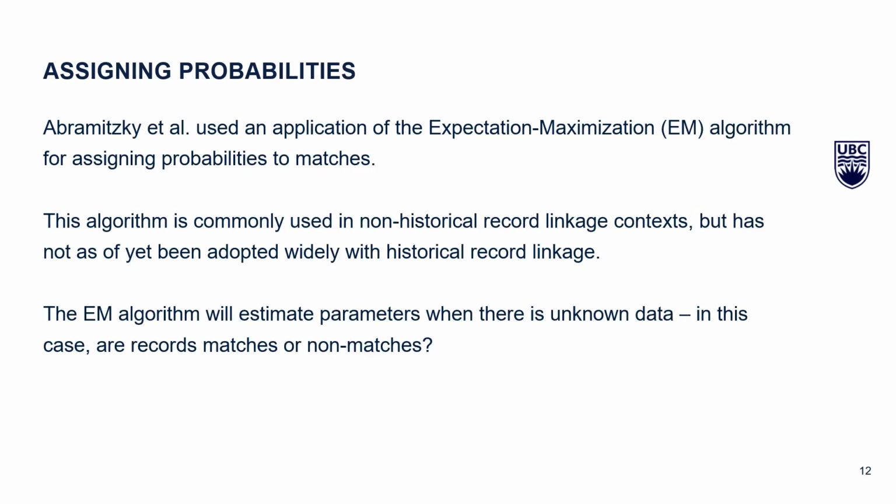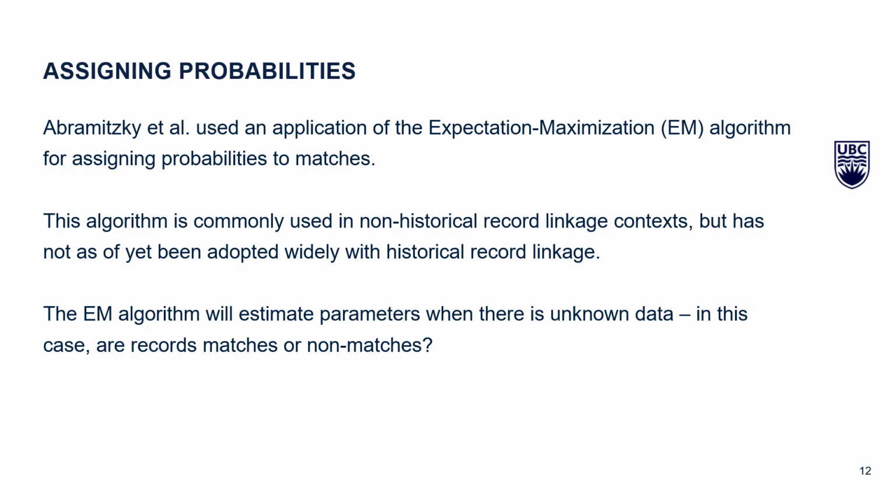Once the researcher has chosen all of the identifying variables and blocking variables and the string distance measures, the method can begin assigning probabilities to each of the possible matches. The authors of this paper used an application of the expectation maximization, or the EM algorithm, for assigning probabilities to each of those matches.